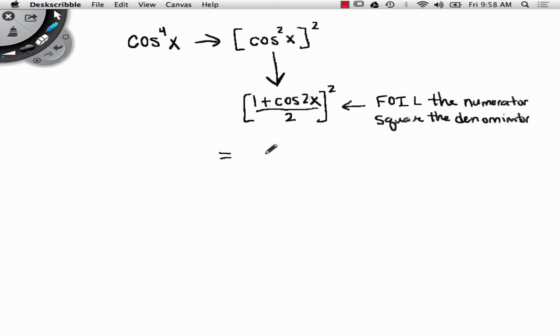Alright, so if I FOIL, can somebody tell me what I get when I FOIL out the numerator? 1 plus 2 cosine 2x plus cosine squared 2x. Right. And do you see now that this square is totally different than this 2x right here? All over 4. So what I do next is I pull out a 1/4.